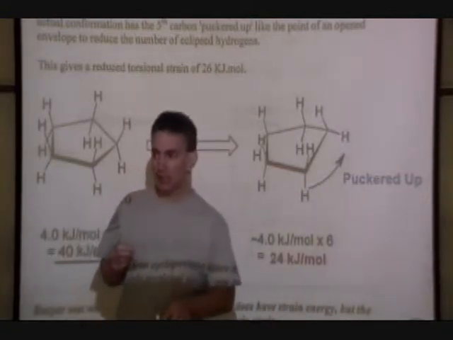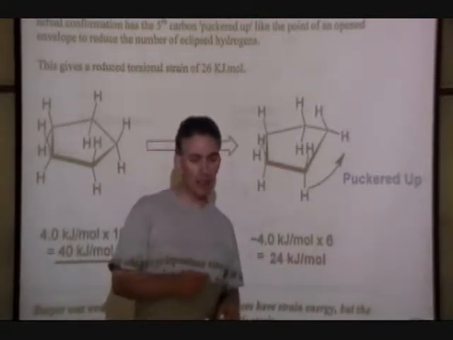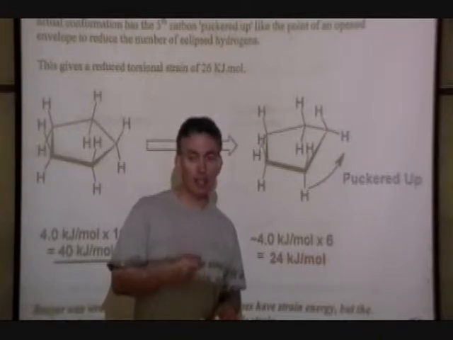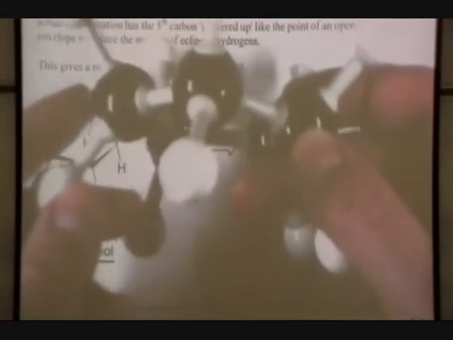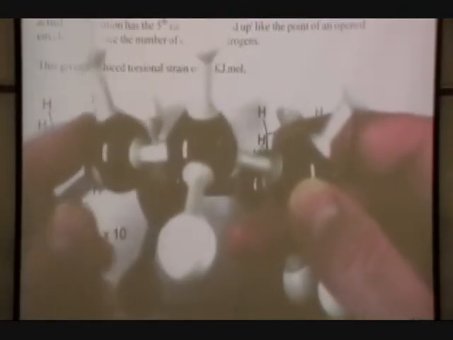So how does the molecule get out of this fix and start to have less strain? If you look at that ring, what actually happens is that the last carbon puckers up, almost like closing the flap of an envelope.